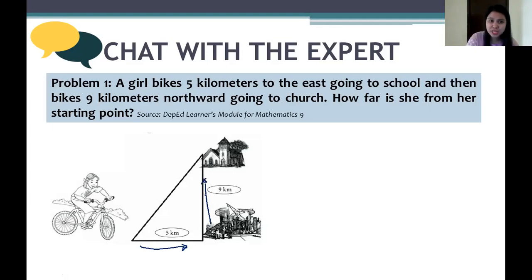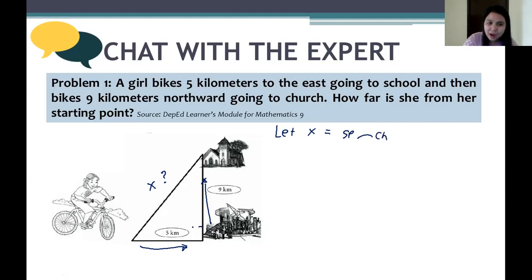How far is she from her starting point? So this one, we say this is x because we don't know. We say let x be the distance from the starting point to the church.